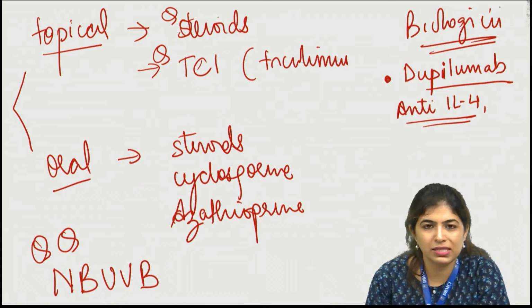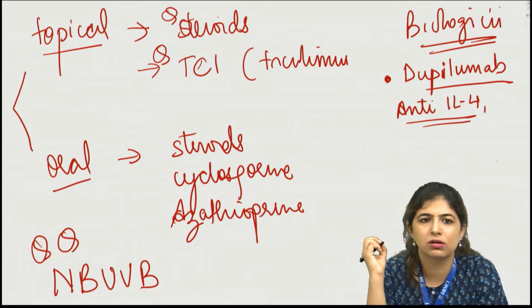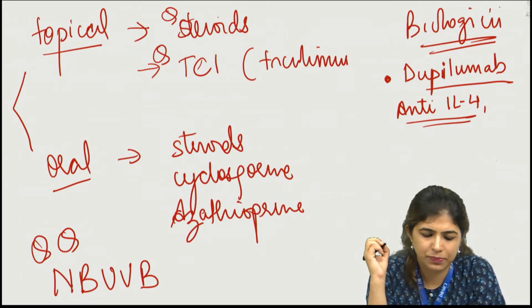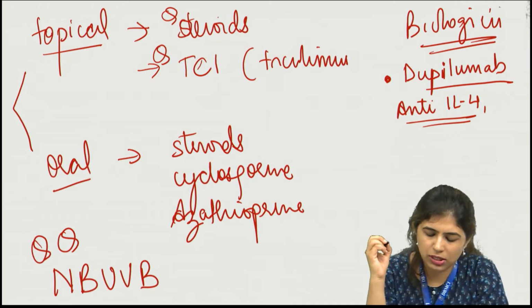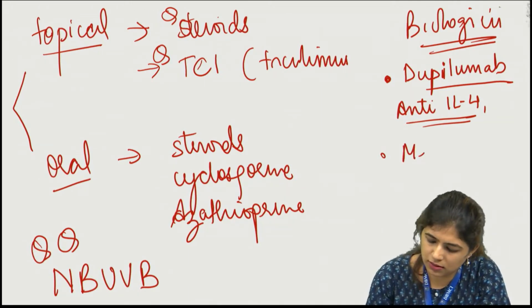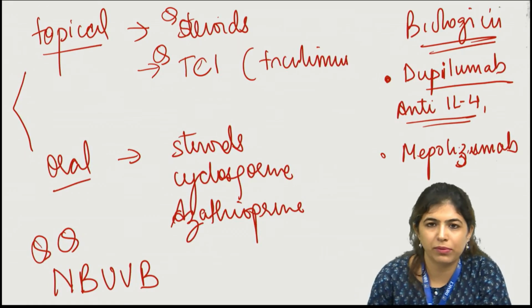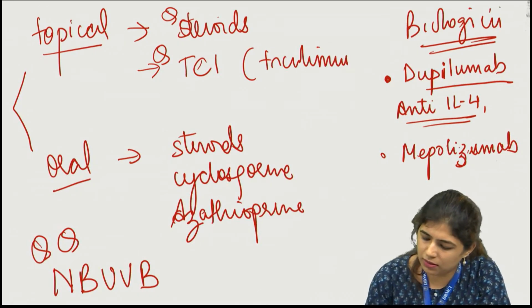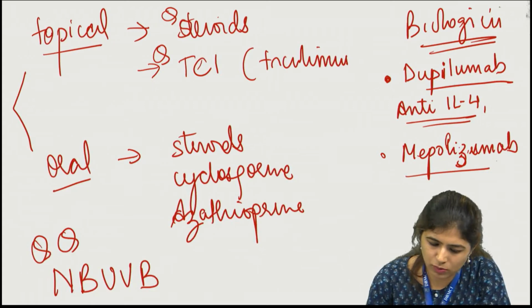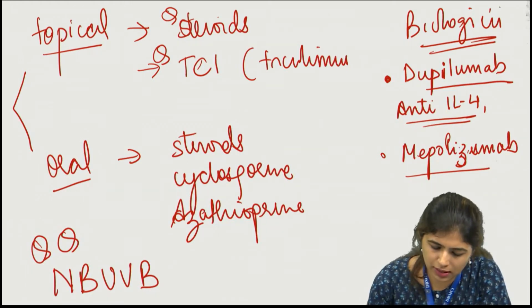Okay, this was recently approved for treatment of moderate to severe atopic dermatitis. Then another biologic that you have here is mepolizumab. Okay, is the spelling clear? Mepolizumab. These are important new questions that can come from this disease.